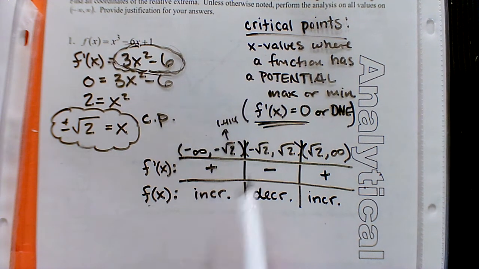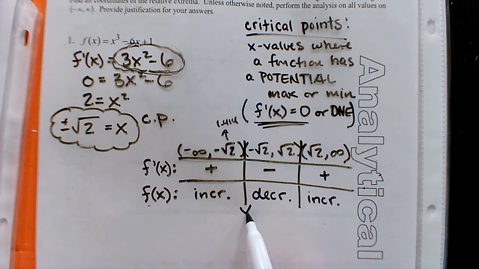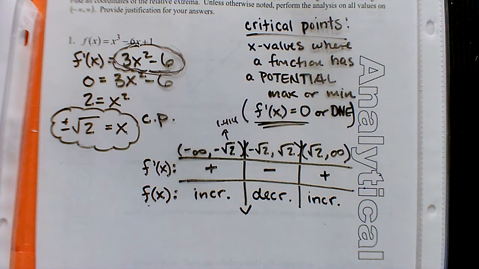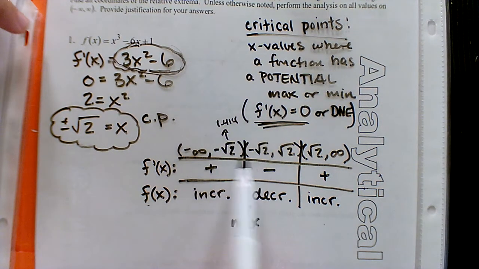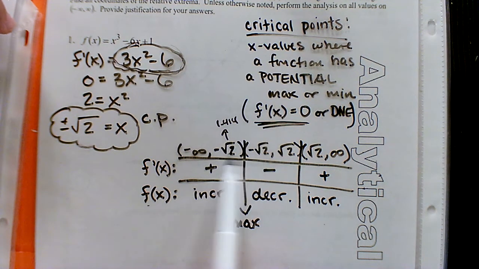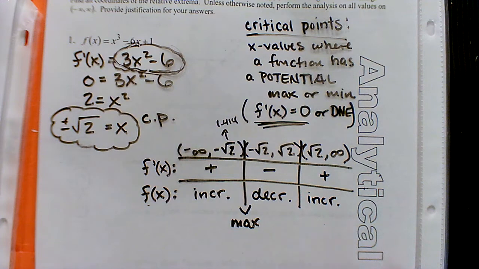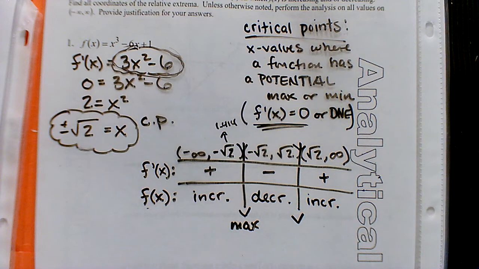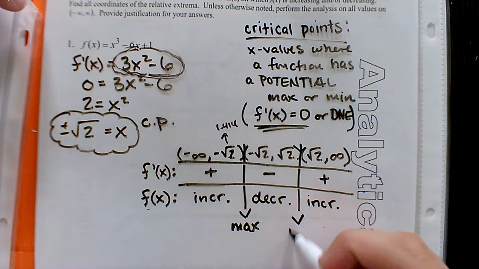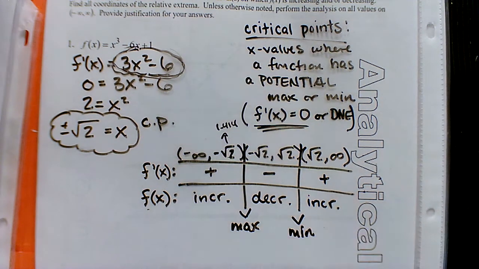If the original function goes from increasing to decreasing, what's that creating? A max, okay? So that negative square root of 2 that we found as a critical point happens to be a maximum. What about the positive square root of 2? If the original graph goes from decreasing to increasing, we have a minimum.